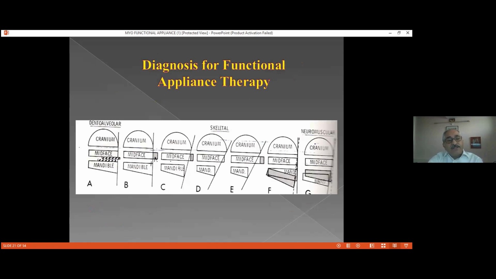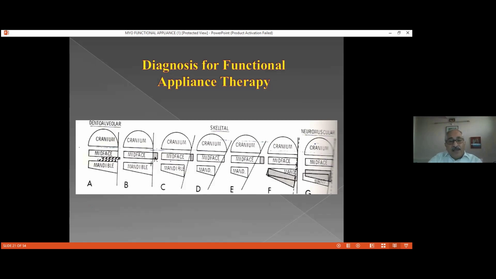Now, functionally, if we see, class 2 division 1 malocclusions are of 7 types. You can see A, B, C, D, E, F, G. In not all the cases is the functional appliance going to be effective. Let's bear this in mind. It is not that wherever we find a class 2 division 1 malocclusion, we indiscriminately load the patient with a myofunctional appliance.